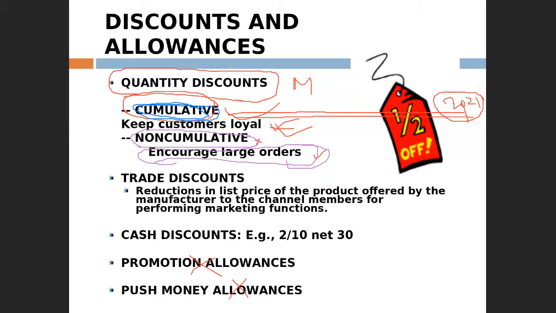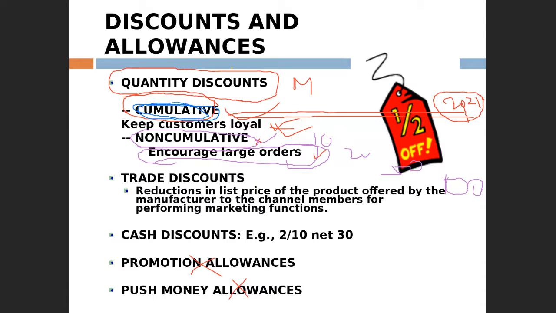Each time he orders, I give him a discount. But the discount is a function of whether he's ordering 10, 20, 50, 100, or 1 million. So he's going to get a discount based on the volume of order each time he orders from me. So that's quantity discounts. All right.